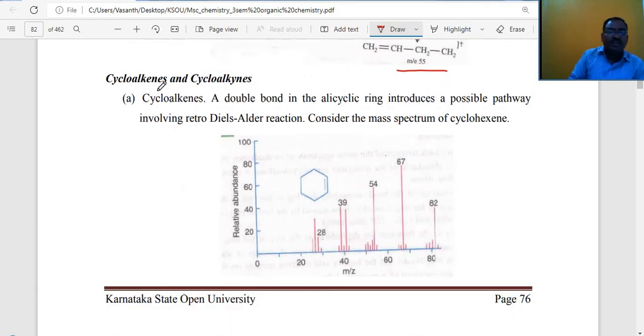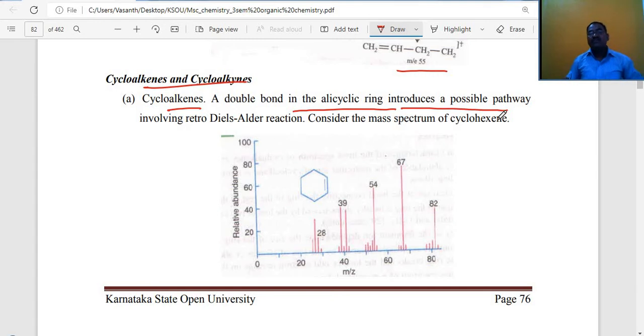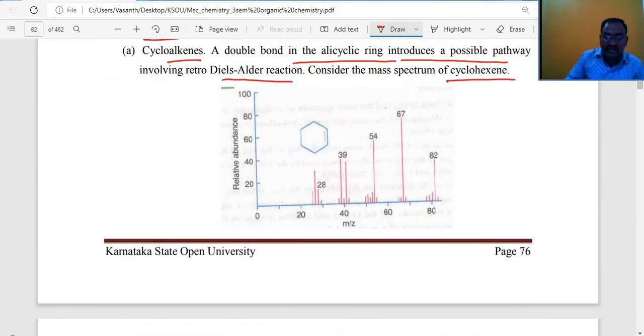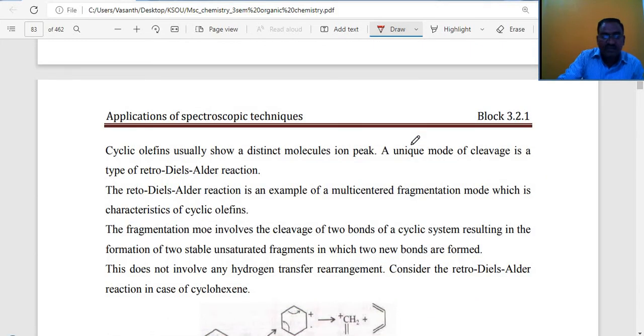In cycloalkenes and cycloalkynes molecules, the double bond in the cyclic ring introduces a possible pathway involving retro Diels-Alder reaction. We are going to take an example of the cyclohexene molecule. In cyclohexene molecules, we are getting different possible mass spectra as mentioned.